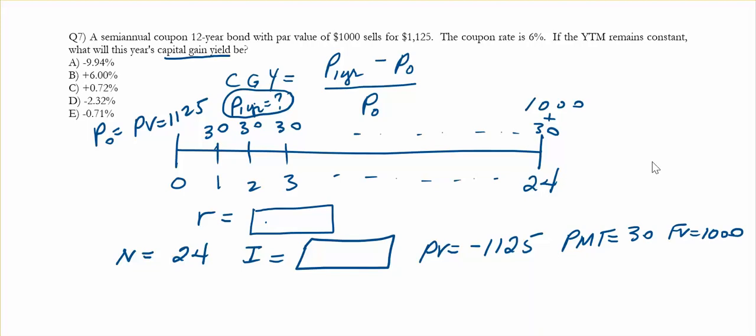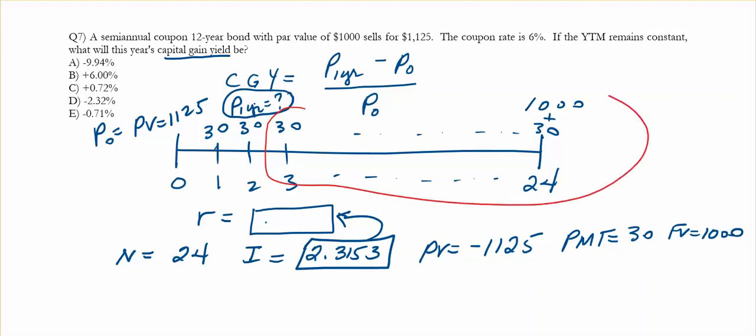N equals 24. PV is negative 1125. Payment is 30. FV is 1000. Solve for interest rate, and I get 2.3153. Right, now hold that in there in your calculator because we don't have to redo everything.